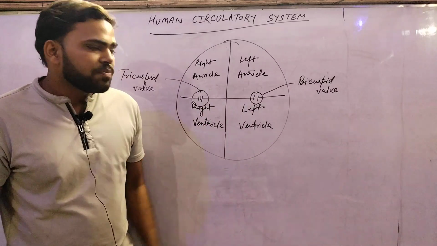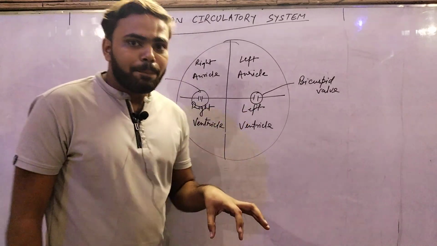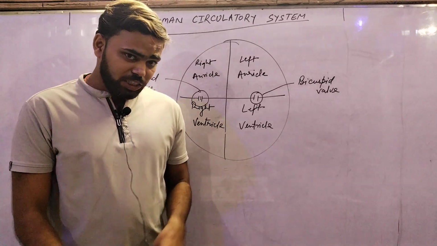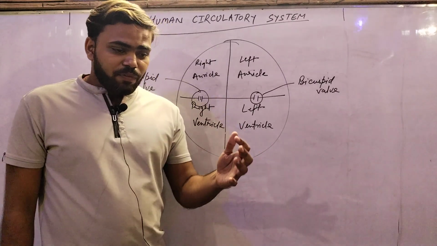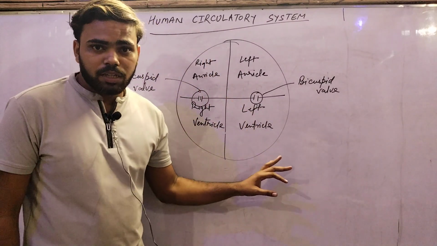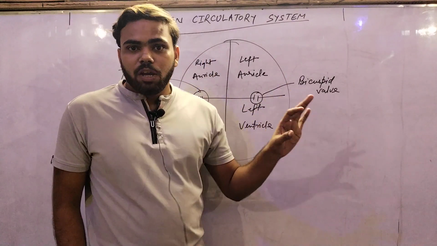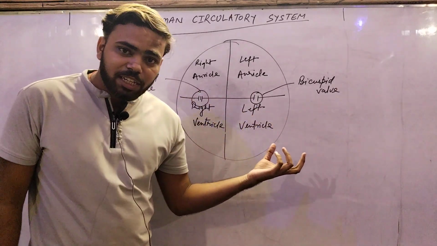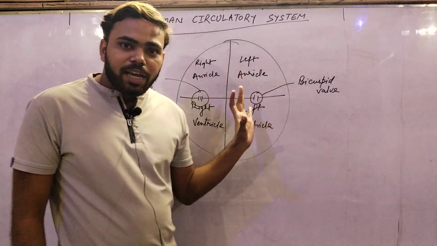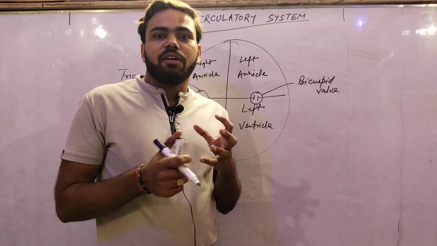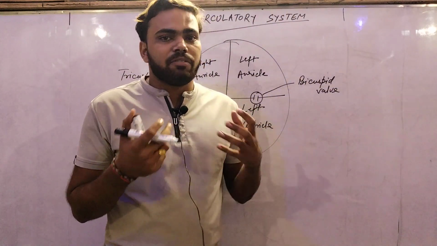Okay. Now, what happens when deoxygenated blood comes from the other parts of body toward the heart for purification or oxygenation, so that the oxygenated blood might again be supplied to the other parts of our body as per requirement.